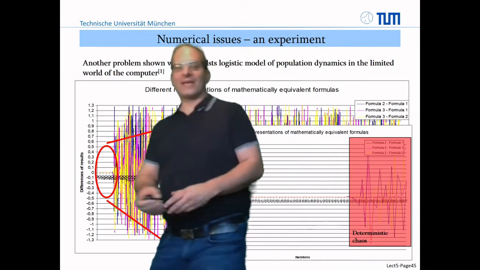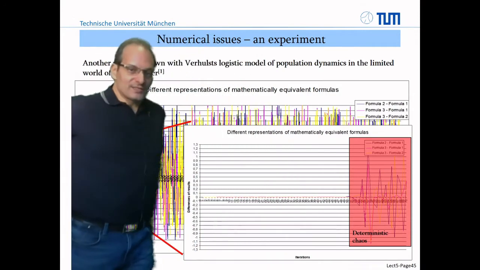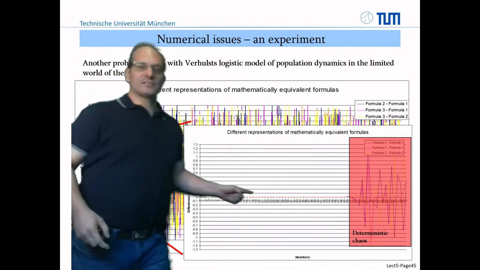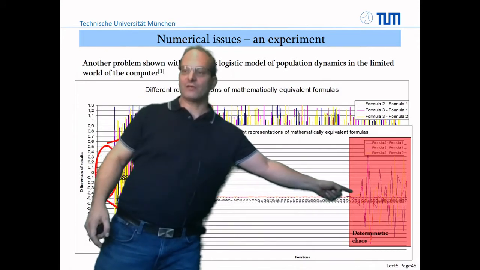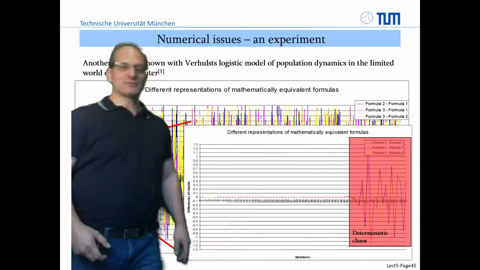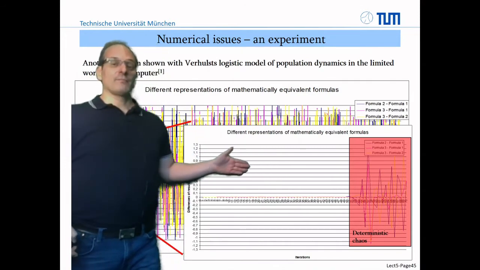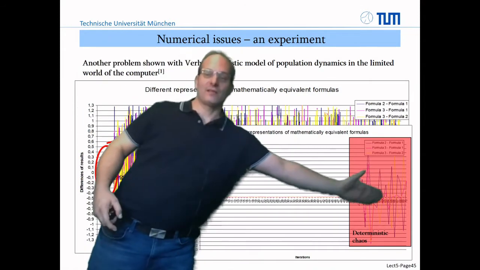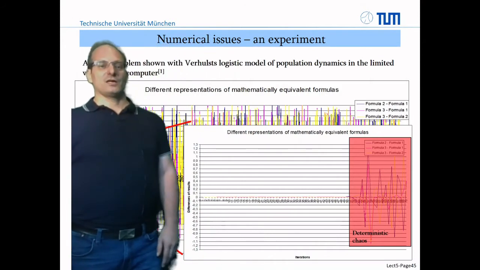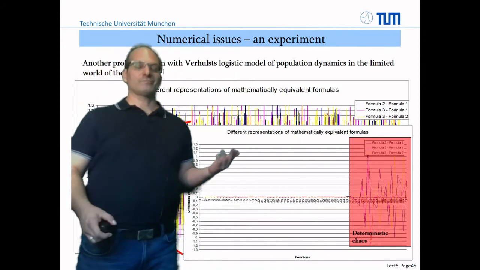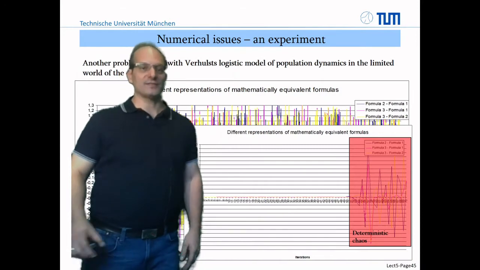If you again do the subtraction of the results and you watch this, you will see there's a long period, for example here about 50 iteration steps, where it's almost correct. And then it happens that you get unpredictable or unusable results.